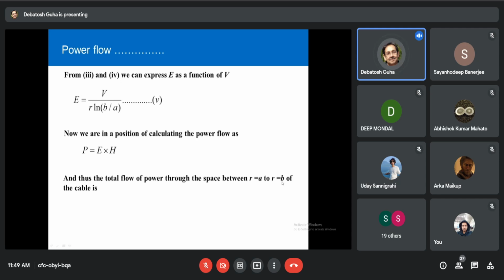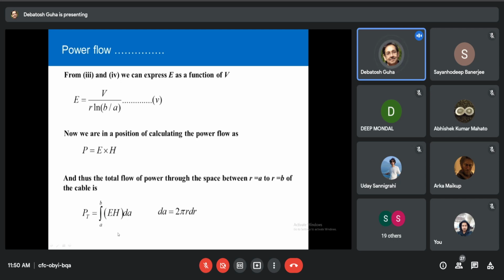Because that is the dielectric field or the medium, because the rest part is metal. So the space in between r equal to a to r equal to b, that part is our space for the propagation of power. So we have to integrate from a to b, E H dA.